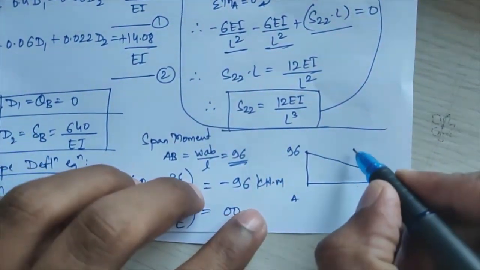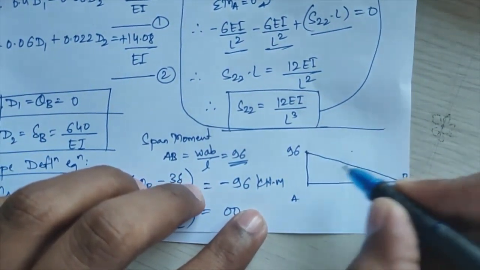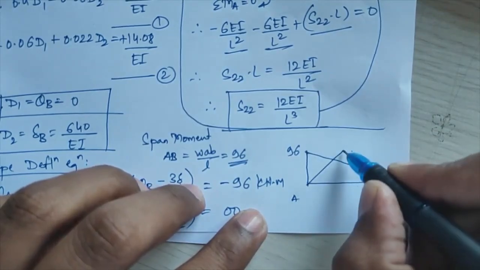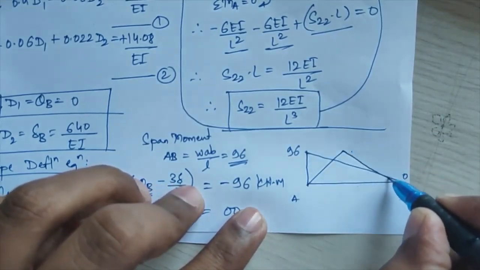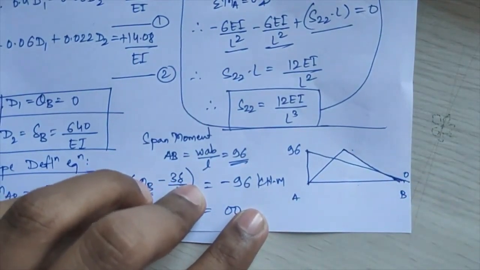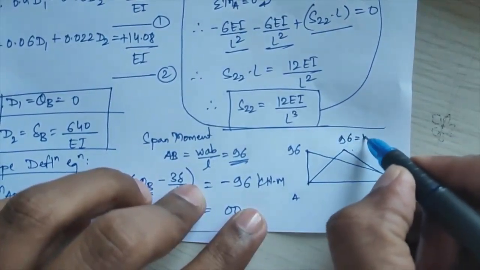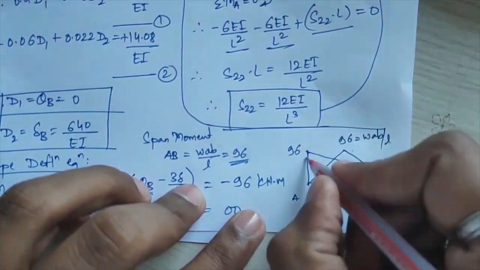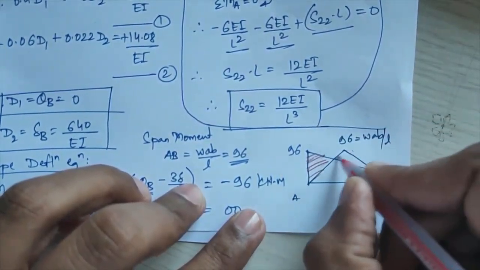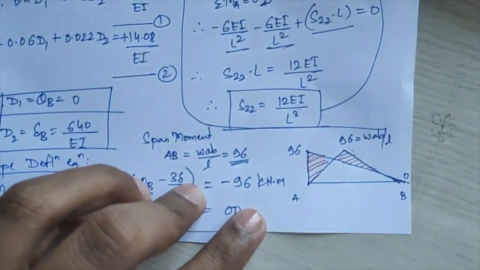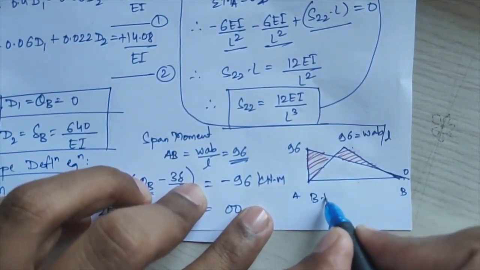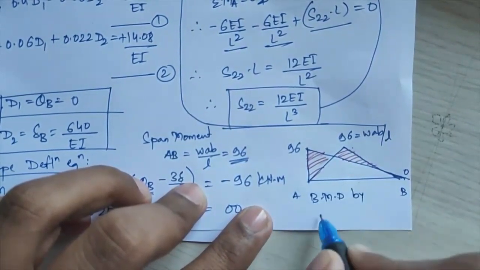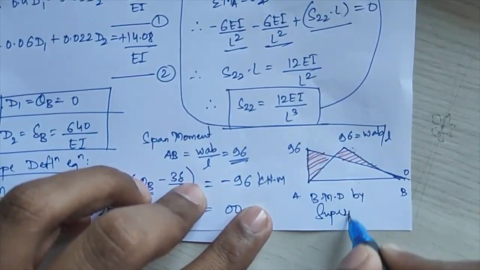That will follow a triangular path over here. That is 96 equal to WAB by L, and what you have to do is shade the superimposed part here. So that will give me the BMD by superposition.